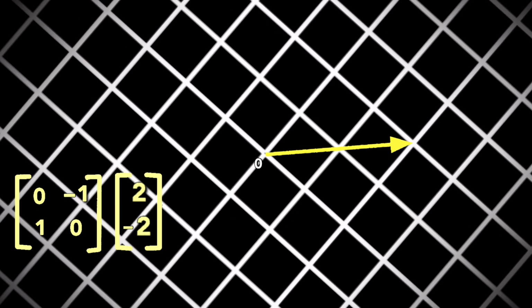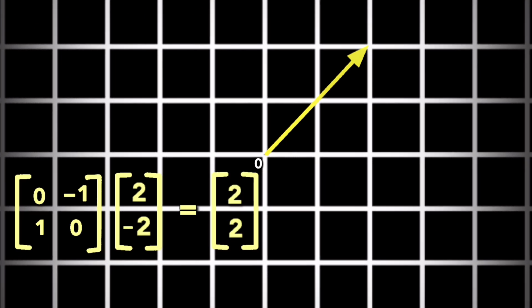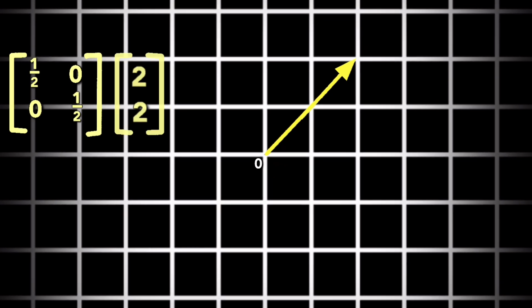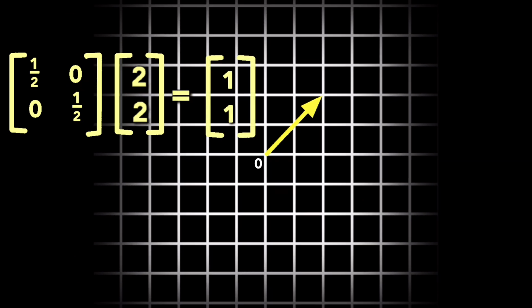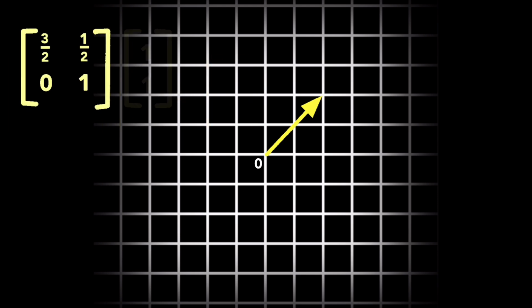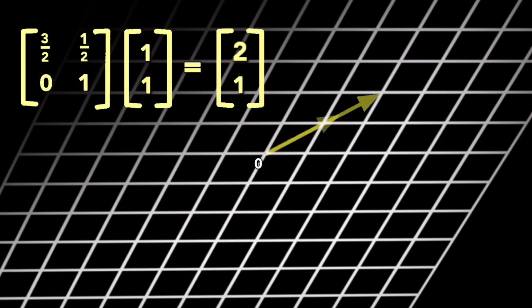This matrix, for example, rotates every vector by 90 degrees counterclockwise. This matrix compresses a vector, meaning every vector becomes half as long, but its direction stays the same. The space is uniformly compressed toward the origin. And this matrix stretches and skews the vectors, or more precisely the plane.